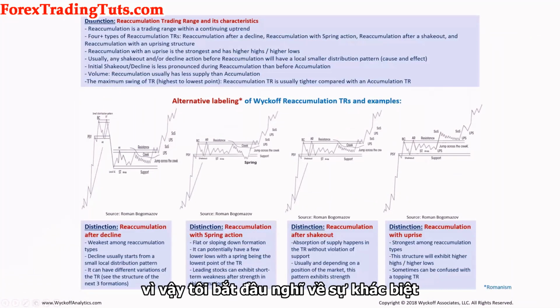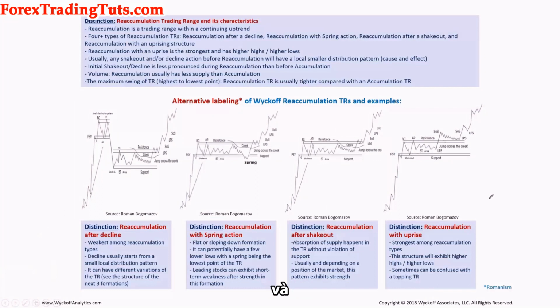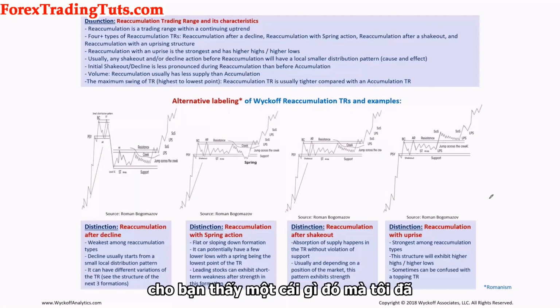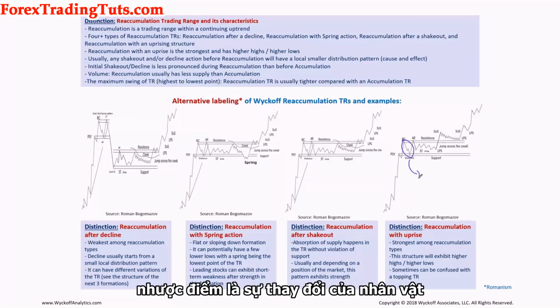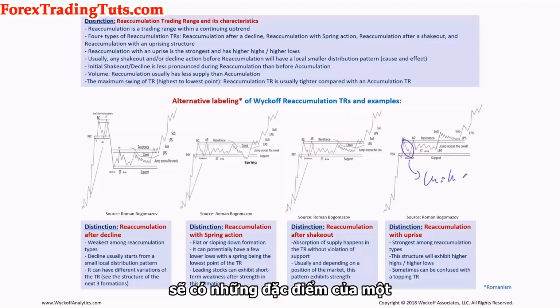So I started thinking about different variations on the reaccumulation range, and in anticipation that students are going to have questions, I'm showing you something that I've developed in a slightly different way. A lot of the time, the first move to the downside as a change of character is going to have characteristics of a shakeout.